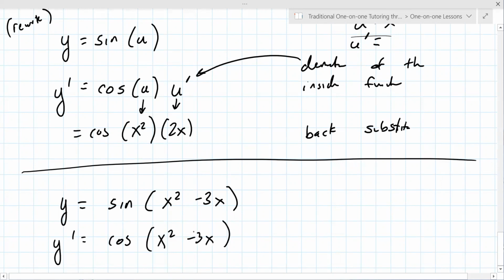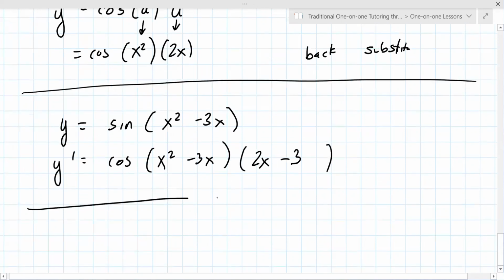This is always the same. Then the chain rule says you have to take the derivative of the inside function and put it here. What's the derivative of x squared minus 3x? 2x. Okay, what else? 2x minus 3. Good.